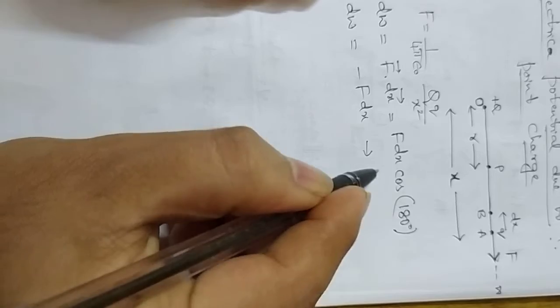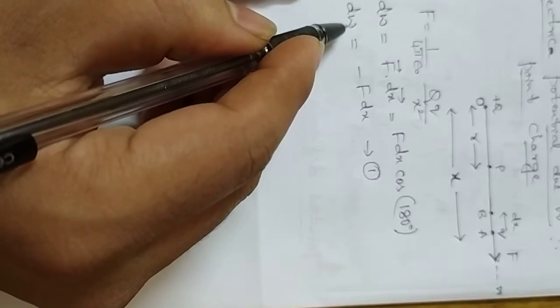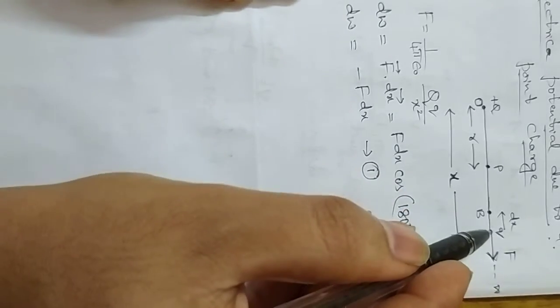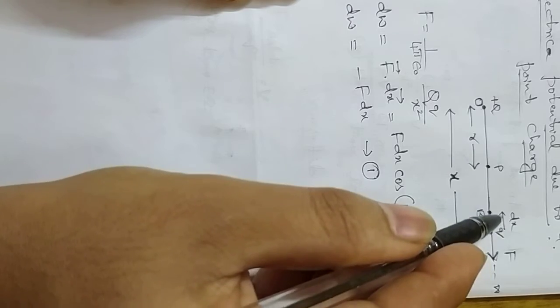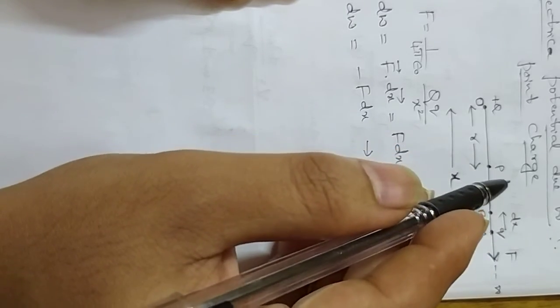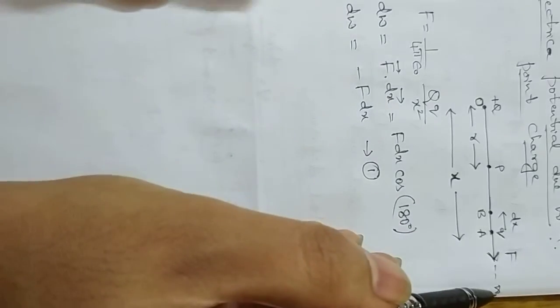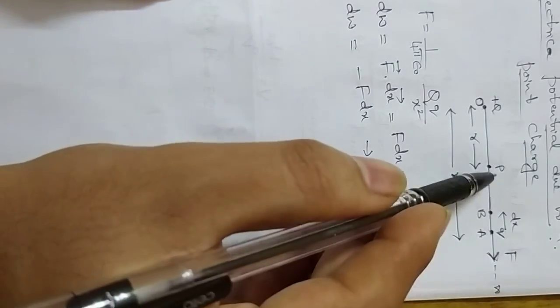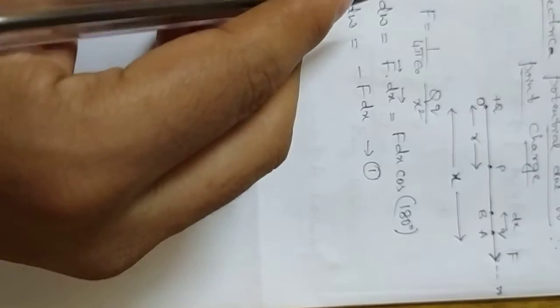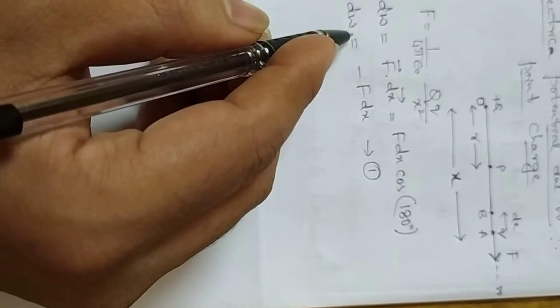So let us take this one as equation 1. So this is the small amount of work done in displacing a charge, that is a displacement of dx, against the force of repulsion. So now to calculate the work done in bringing a test charge from infinity to point P, how are we going to calculate? We are going to integrate this equation 1.